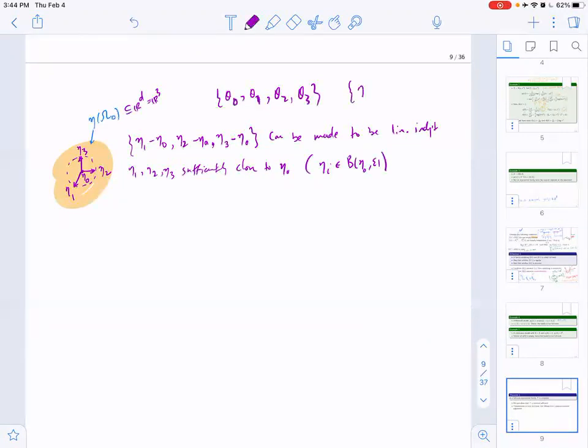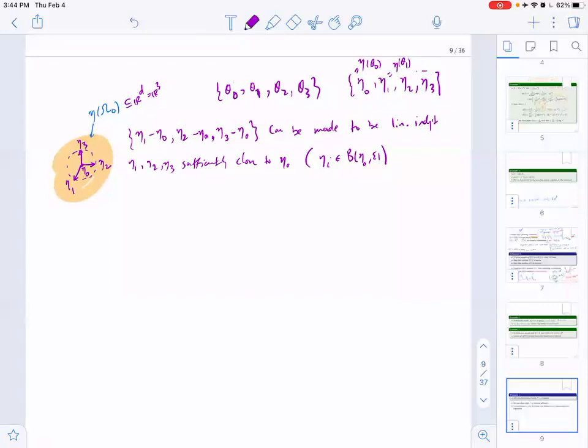And then I have eta 0, eta 1, eta 2, eta 3, right? This is just eta of theta 0, eta of theta 1, and so on.